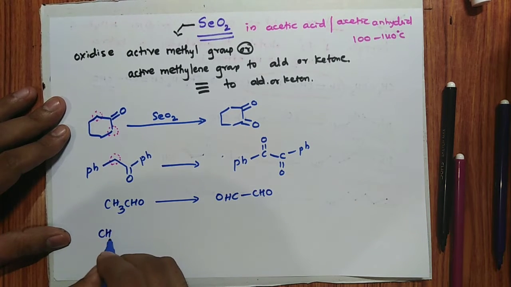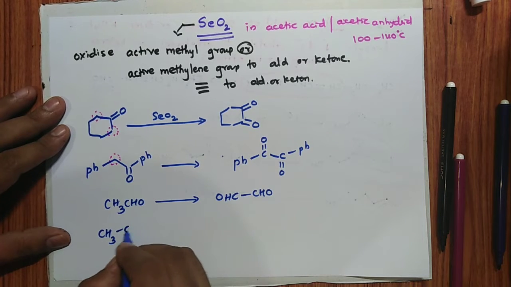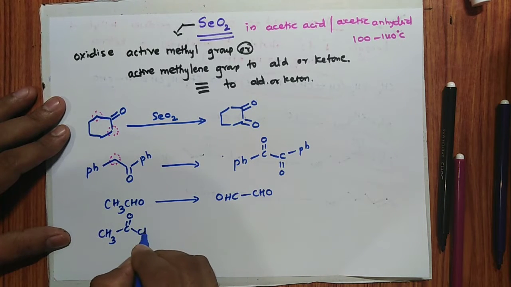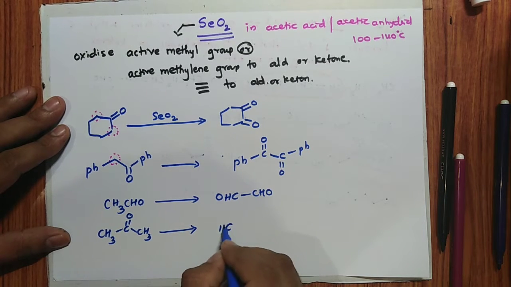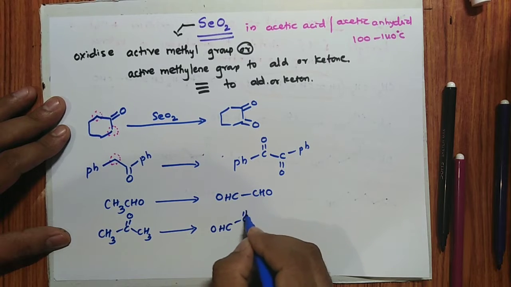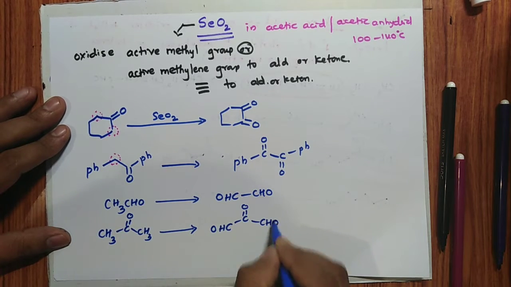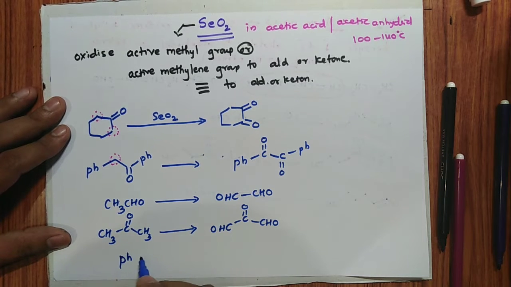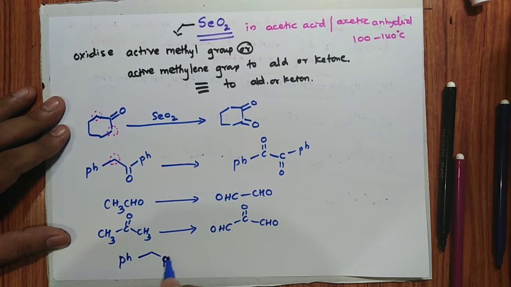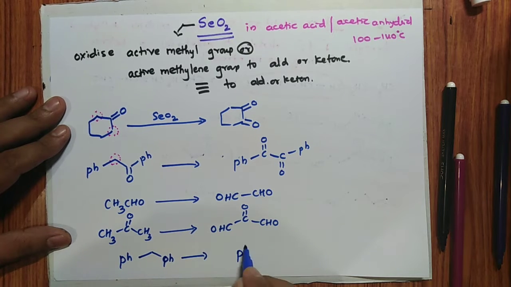If this is CH3, C double bond O, CH3, acetone, here you are going to get CHO, C double bond O, CHO. So both CH3 get converted into CHO. Or if it is Ph, CH2, Ph, then you are going to get Ph, C double bond O, Ph.